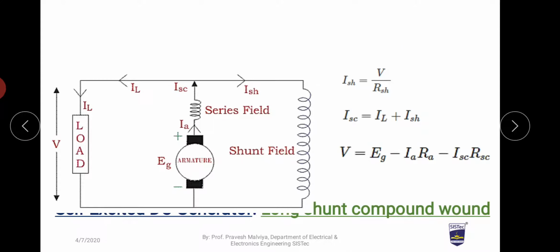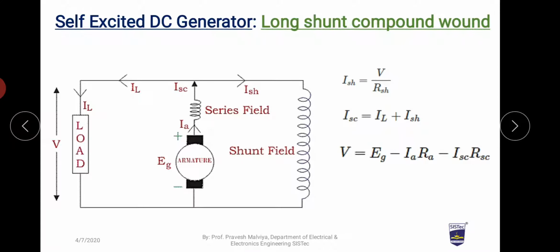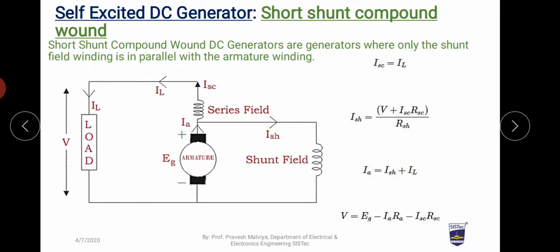Now coming to the long shunt compound wound. There is a difference between short shunt and long shunt compound, and there is a similarity also. Both of the compound wound types have series as well as shunt field. So two field windings are together, but there is a difference in the connection of their combination. In short shunt compound wound, the parallel combination is connected in series with a field.